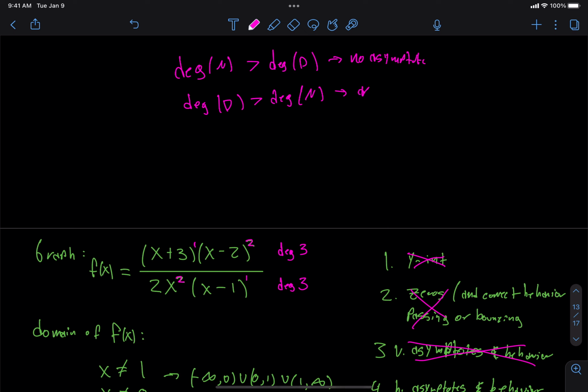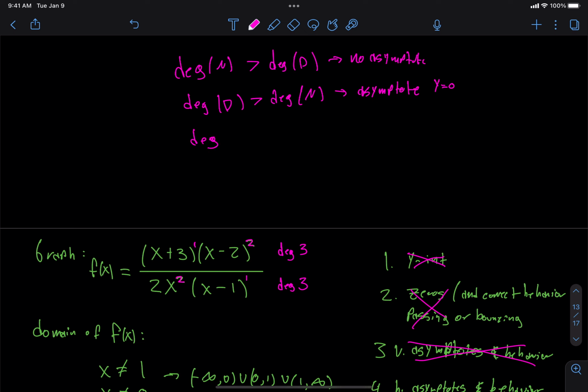We are going to have an asymptote at what value? Loosely speaking, when x is really, really big, the denominator will be much, much bigger than the numerator. If the denominator is way bigger than the numerator, that number is getting close to 0. So asymptote at y equals 0.